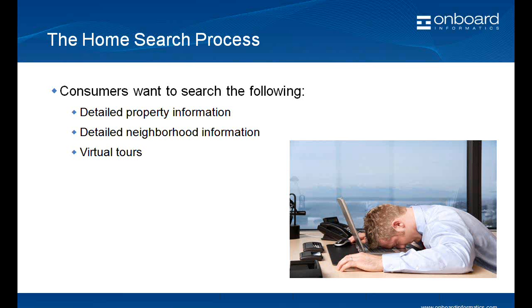You may think you're going to move 10 miles away and you know all about the town or the neighborhood, but you might be surprised to find, good or bad, some detailed information. You thought there were a lot of teenagers in the area, but actually when you look at some of the numbers, there's not as many teenagers as you think. So all this information is very important.